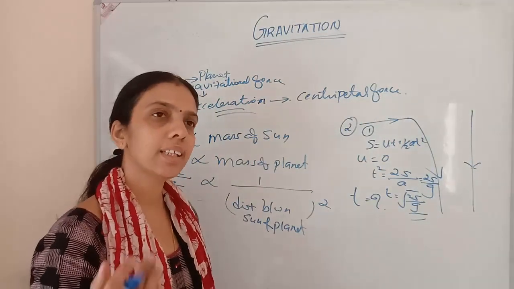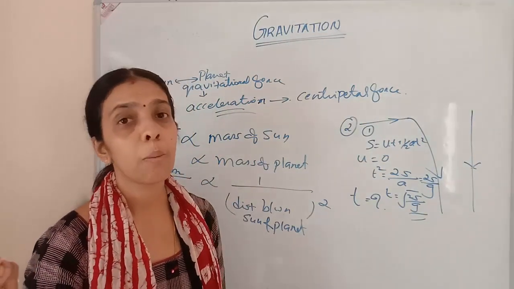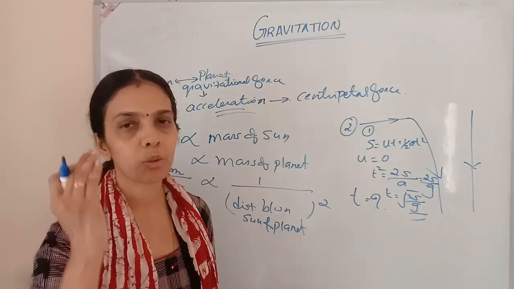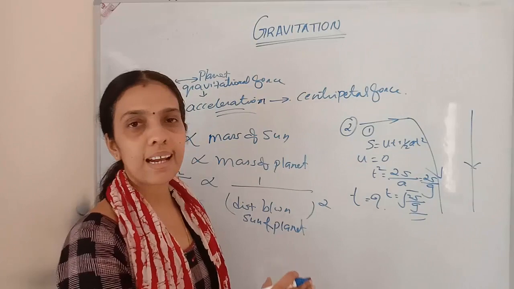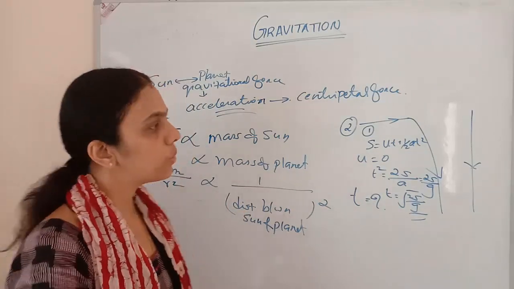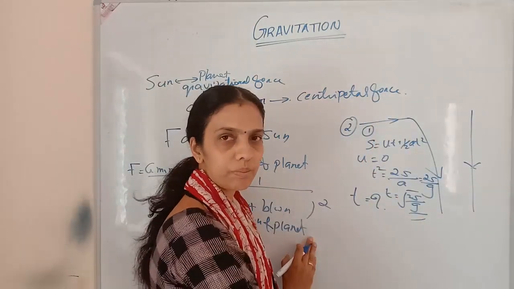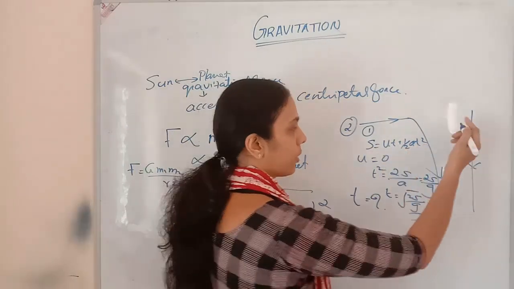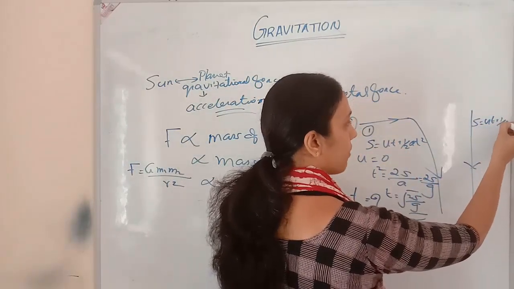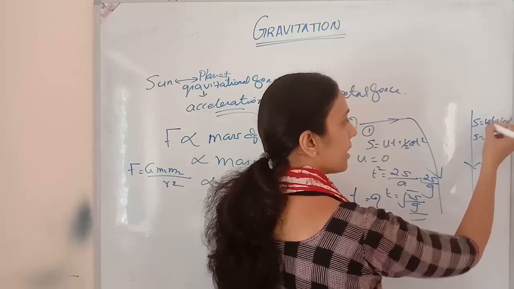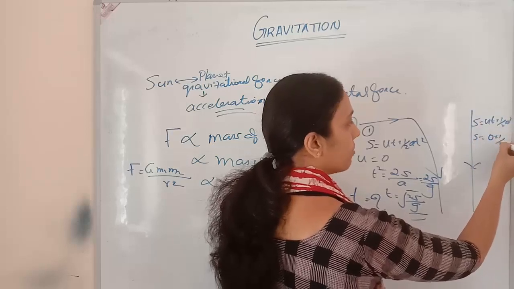In higher classes we will use projectile motion for this, but for 9th standard students that is not required. So you can take it in this way. This is the time required. Here also we can do the same way. s is equal to ut plus half at square. s is the distance, initial velocity is 0, half g t square.